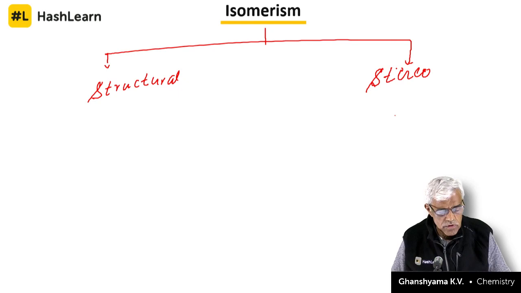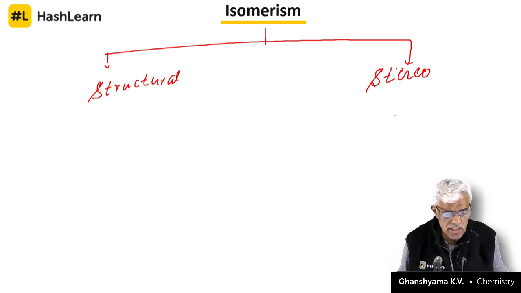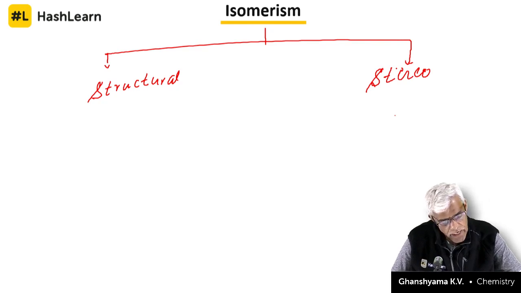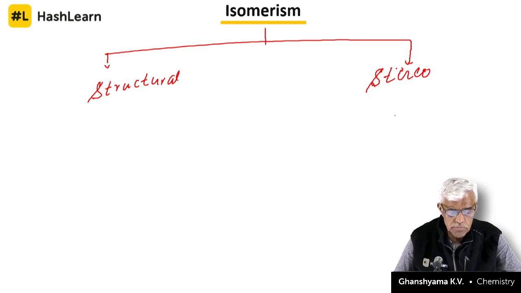But here, under structural isomerism, you don't have position, chain, functional, metamerism, tautomerism.